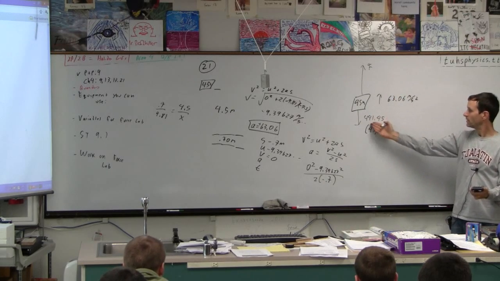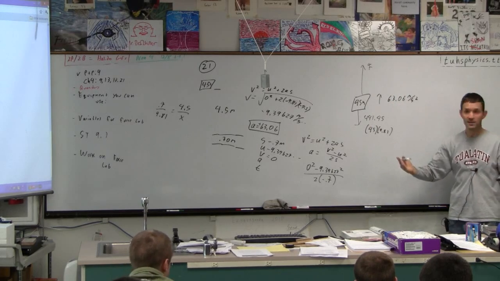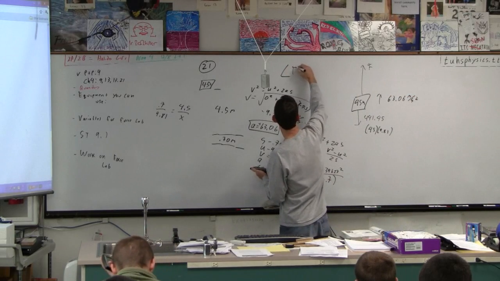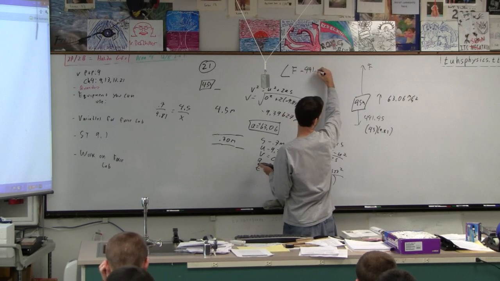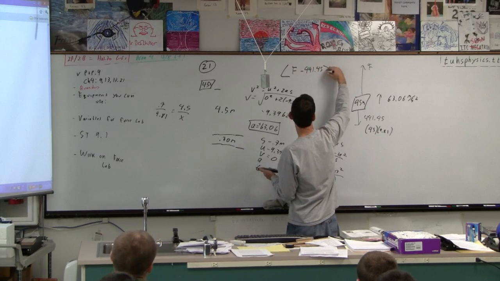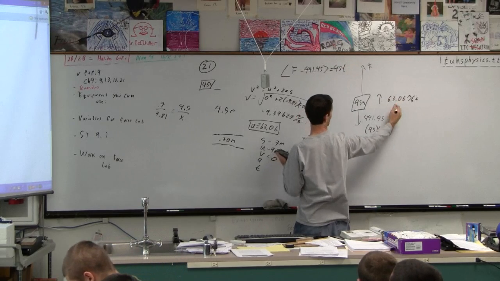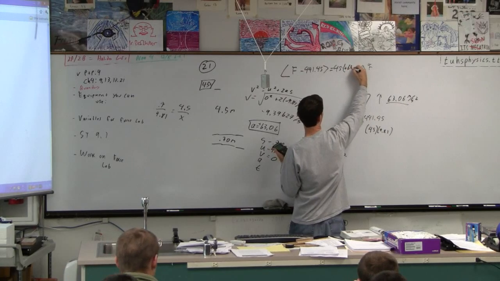Okay. Now what's the next step? Unknown force up, known force down. The upward acceleration is 63.06. We do Newton's second law. So Newton's second law looks like this: force minus 441.45 equals 45 times the acceleration, positive 63.06.